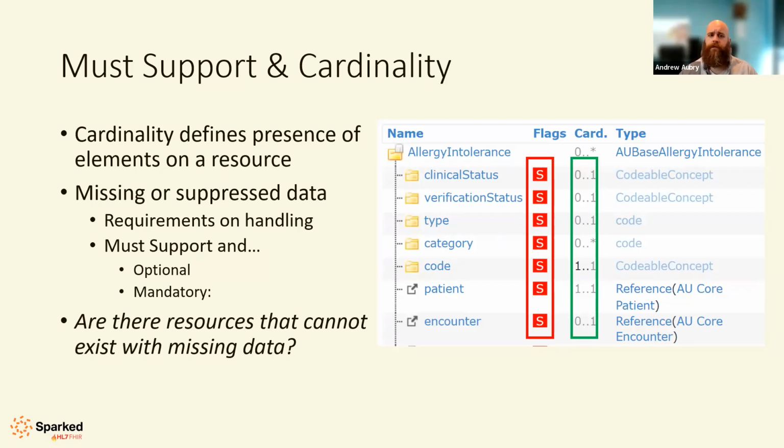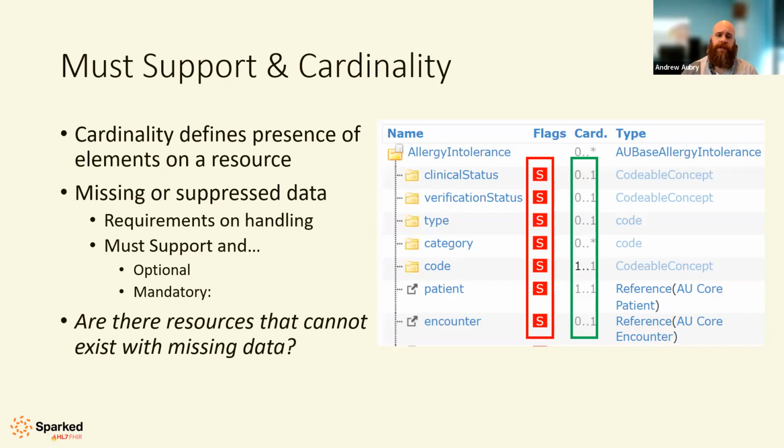With that, we bring in the concept of missing or suppressed data and the requirements. There will be requirements we talk through on handling that, but must support is that intersection of, if an element has to be there and it's marked as must support, we need to understand how to handle that with missing or suppressed data.